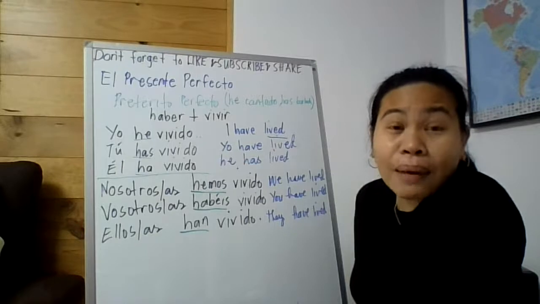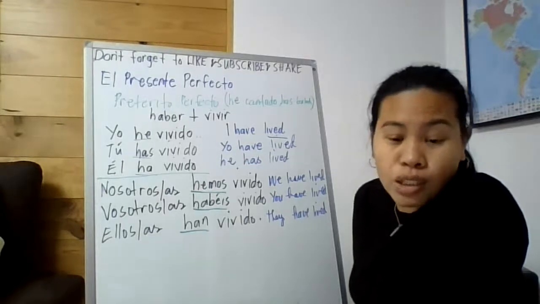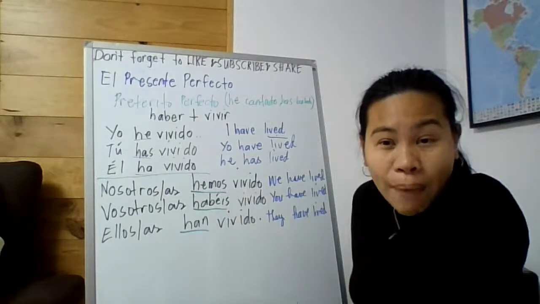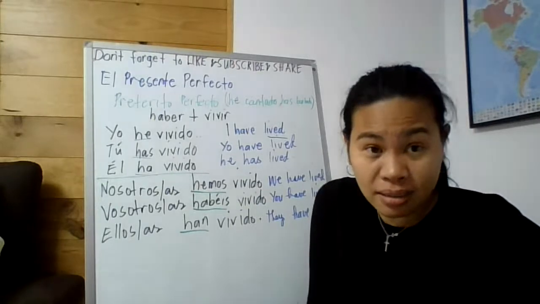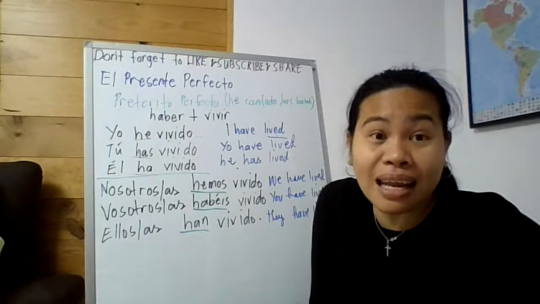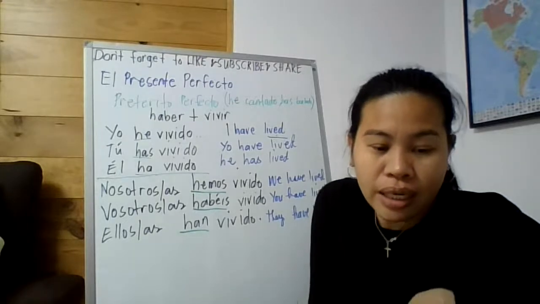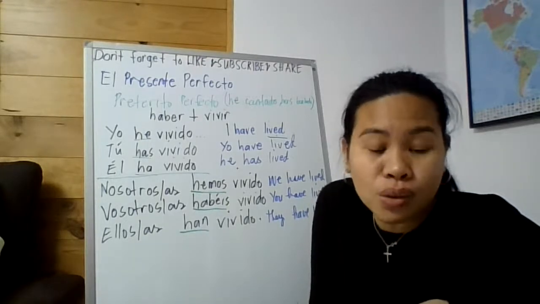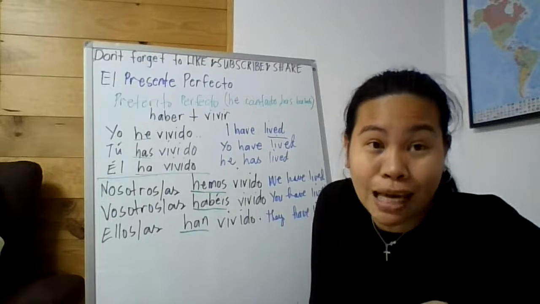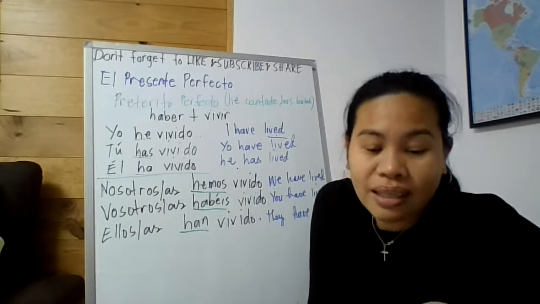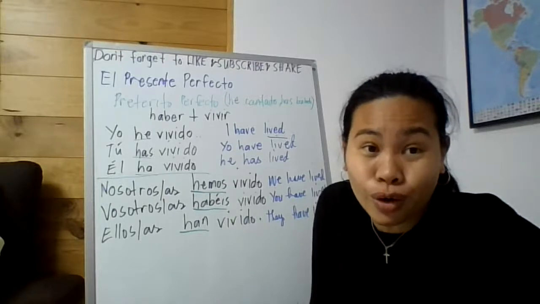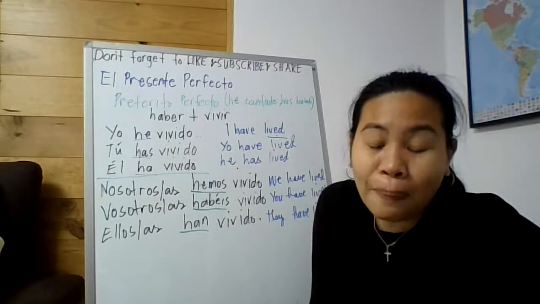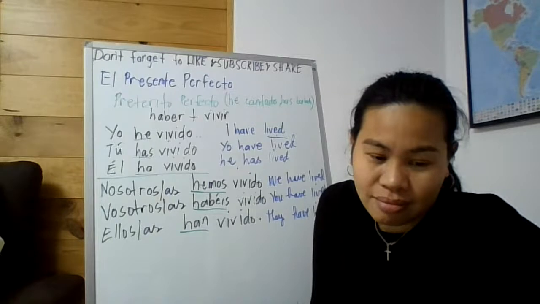El presente perfecto es un tiempo verbal que se utiliza para expresar acciones que acaban de suceder en el pasado y que guardan alguna relación con el presente.